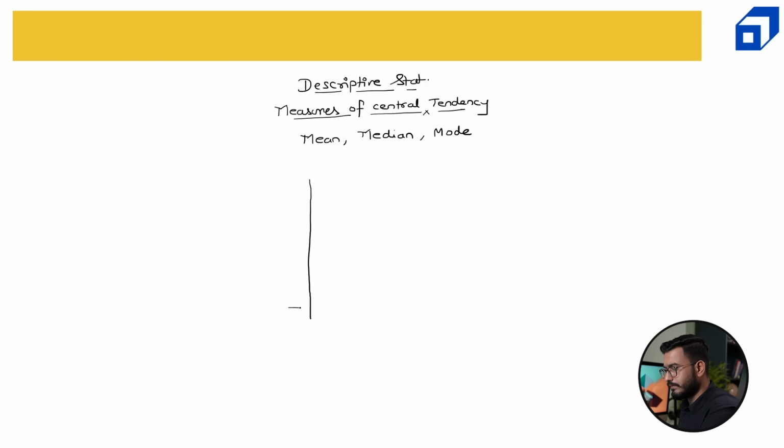Let's say I'm having the data regarding, let's say, the marketing budget. Or let's change the example, let's make it more realistic and something which you guys can easily understand.